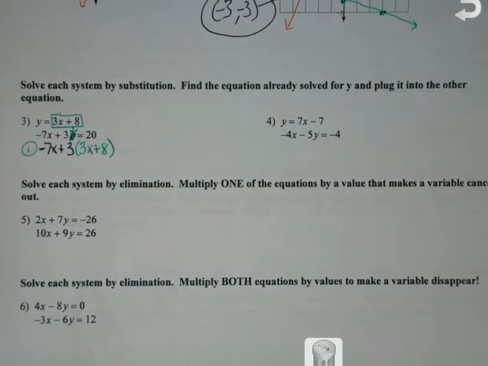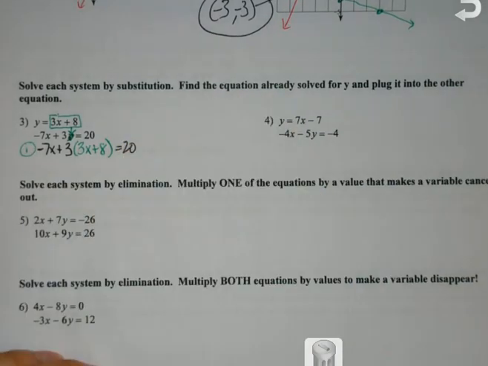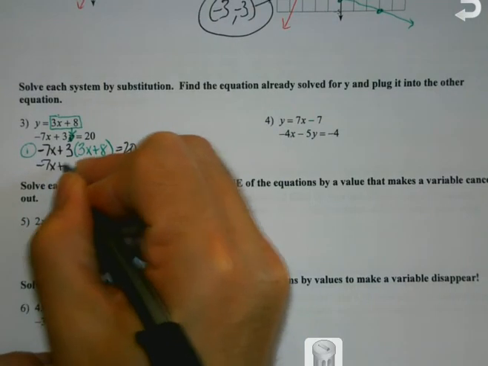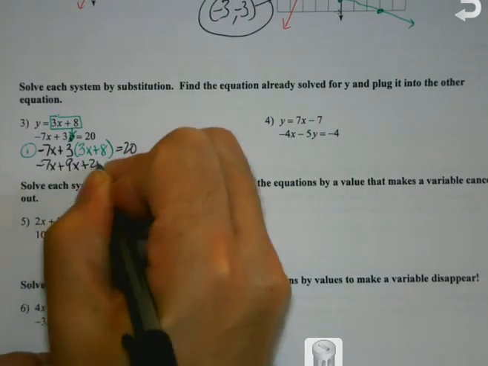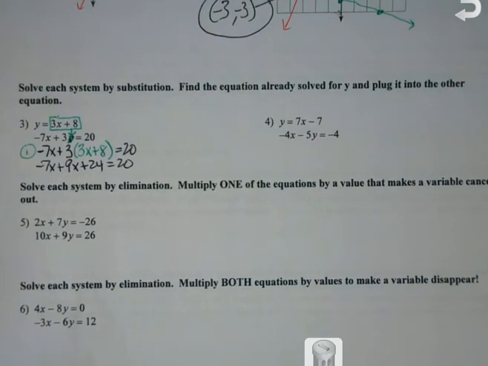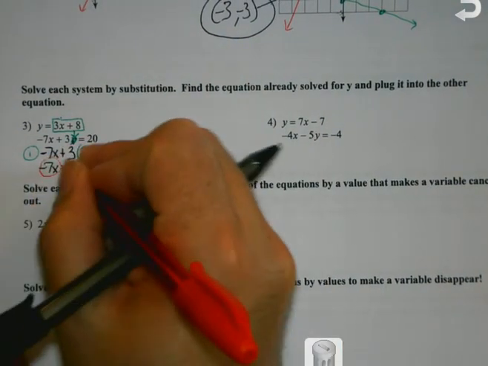Now I just go ahead and simplify what I have. Oops, I got to finish the equation, don't I? So I'm going to distribute. I'm going to go ahead, and since they're on the same side of the equals, I'm going to combine my like terms.